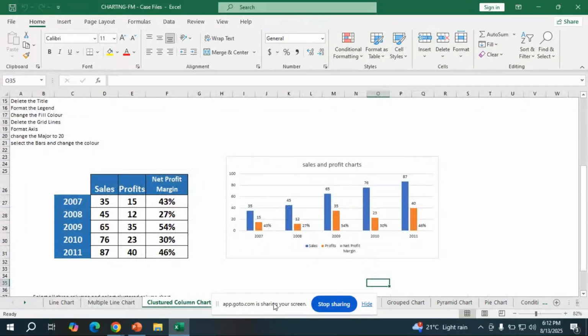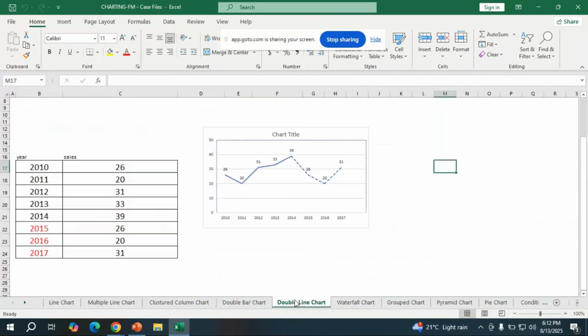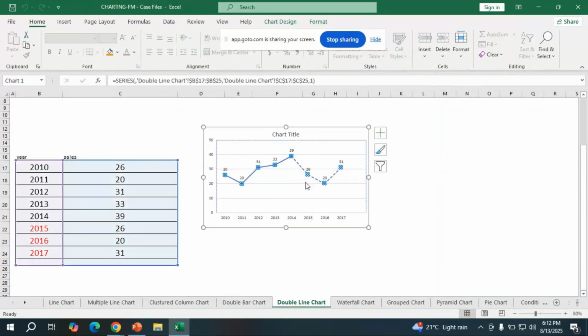Clustered column chart, double bar chart, double line chart. A few of you are not able to get this dotted thing. So here I'll tell you how you can get it.